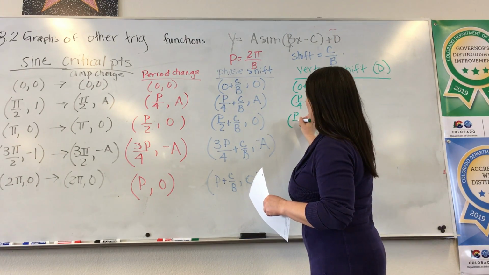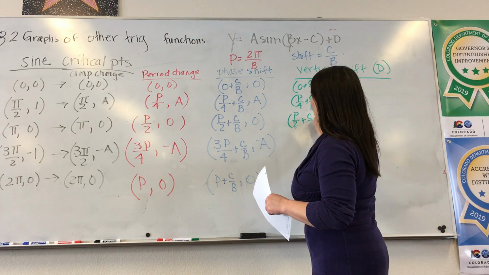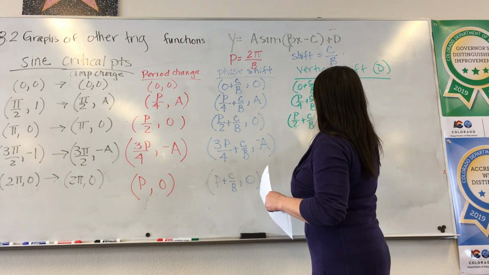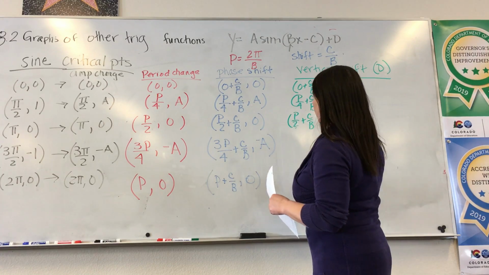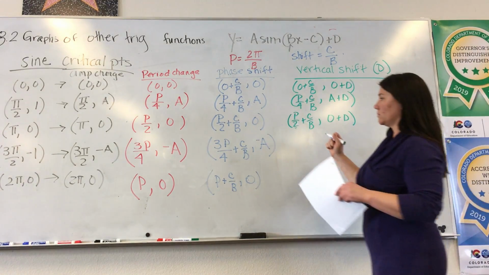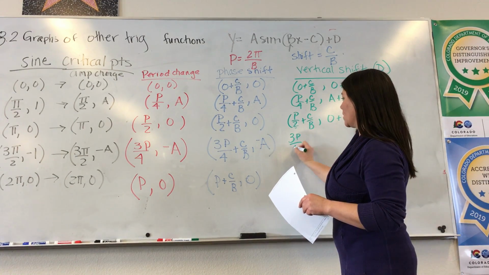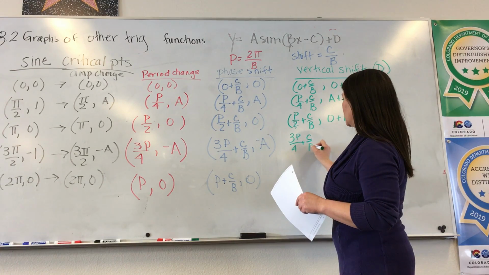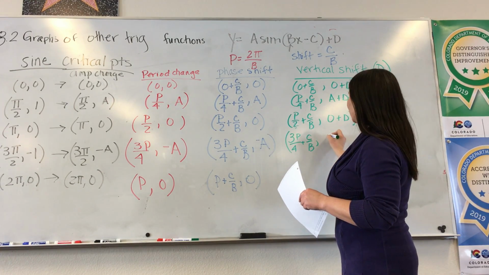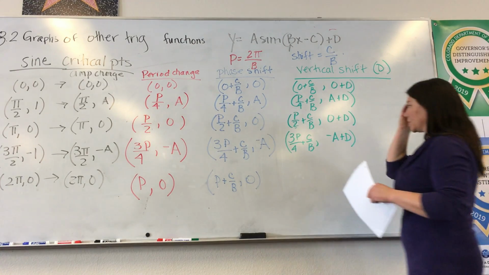We have P over 2 plus the phase shift, 0 plus D. Three P over 4 plus the phase shift, negative A plus your D value.